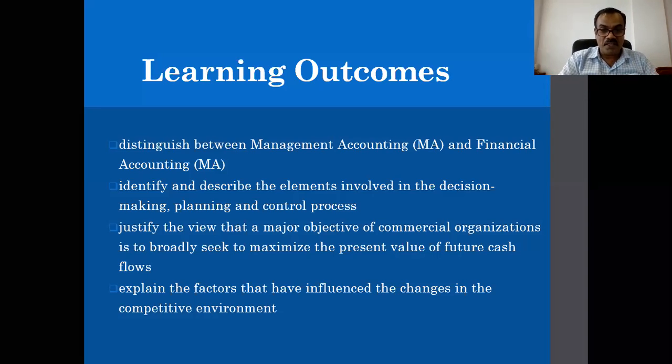So new versions have come, but the same thing is done. Instead of saying profit maximizing, we say maximizing present value. Present value of what? Present value created by the entity through its operations at the end of the day. Maximizing present value is also maximizing profits. No difference, right? Different labels. On the other hand, we talk about maximizing shareholders' wealth as well, which you also learn in finance.